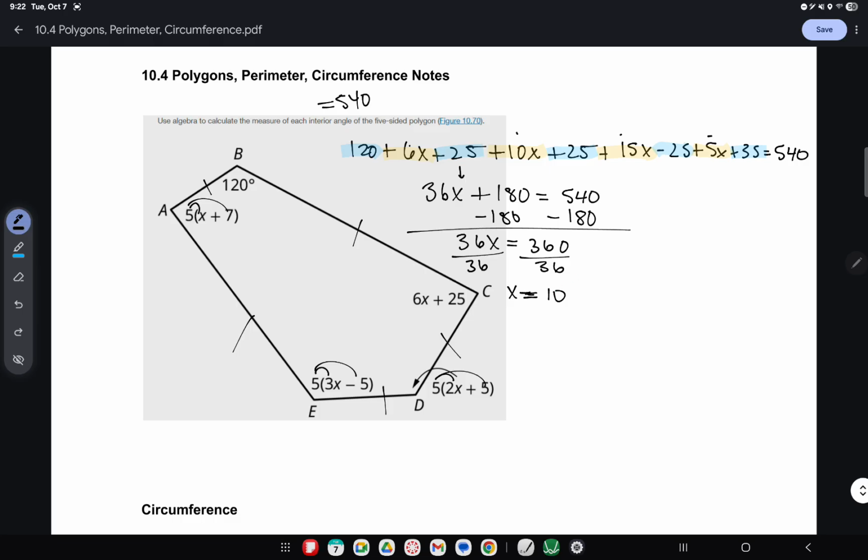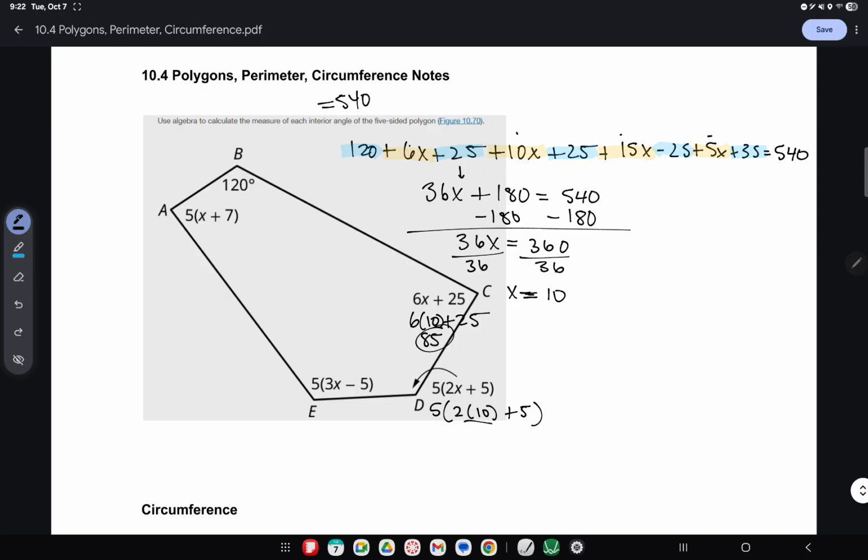So then I can find all of the angle measures now. So one of them's already done for us. It's 120, so that's nice. But I now know what x is, so I can solve. So 6 times 10 plus 25. Let's see, 6 times 10 is 60, plus 25 is 85. And then I have 5, and then 2 times 10 plus 5.